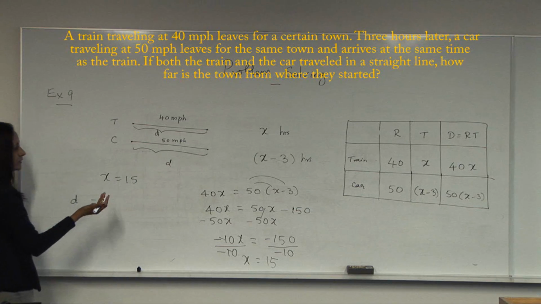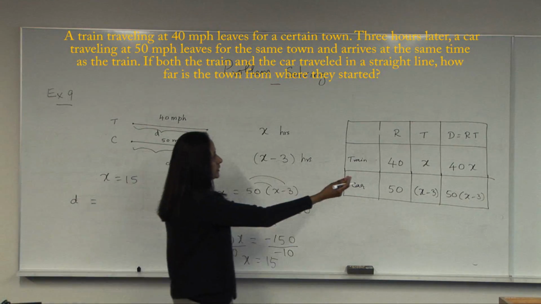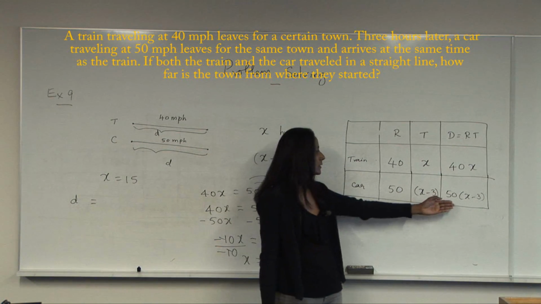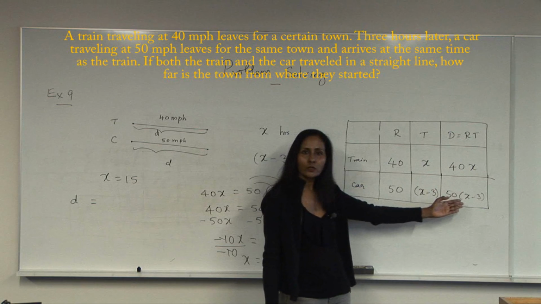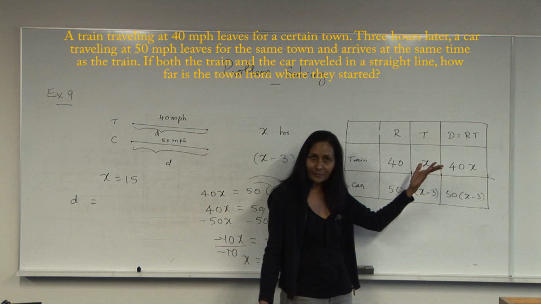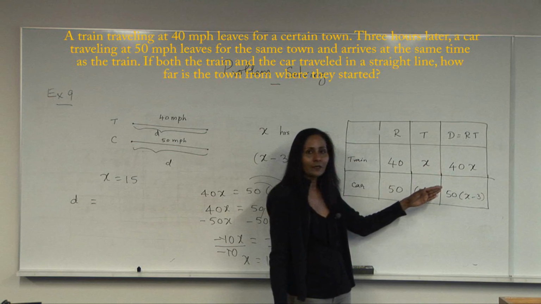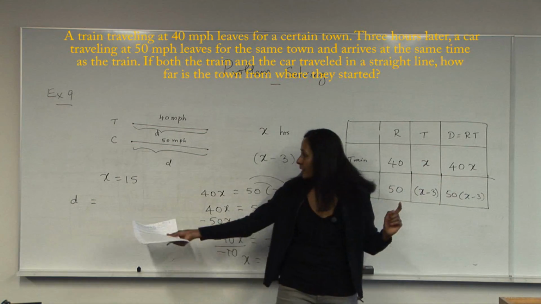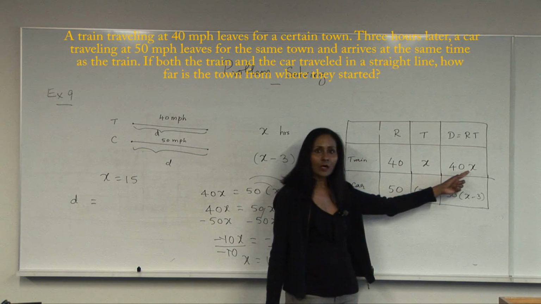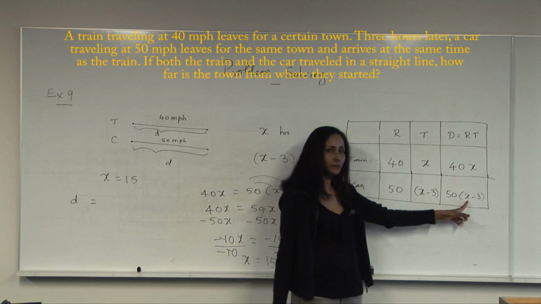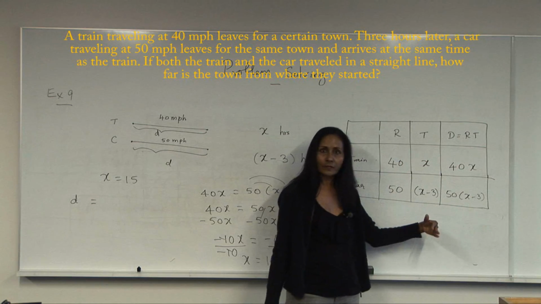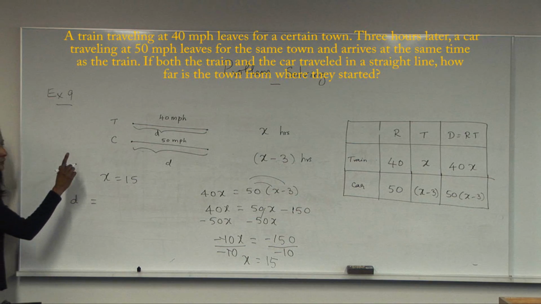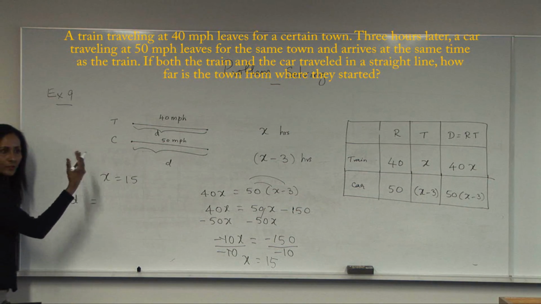This is equal to what? Distance is, for the train, 40x, for the car it's this. These two are the same. You can use either one of these because they are the same, right? In this problem they are the same. Each problem is different. So here we can substitute x as 15 here, or you can substitute x as 15 here. You will get the same answer, okay? Because in this problem the distance for the train and the car is the same.